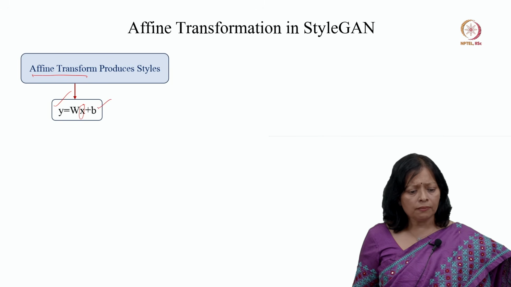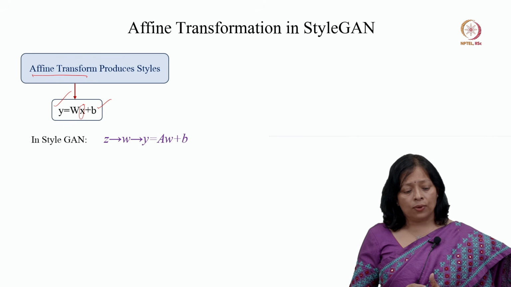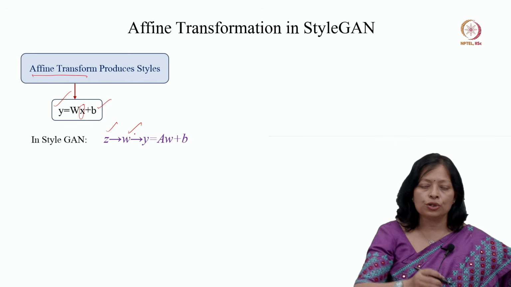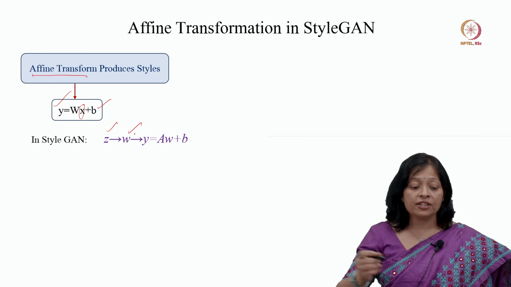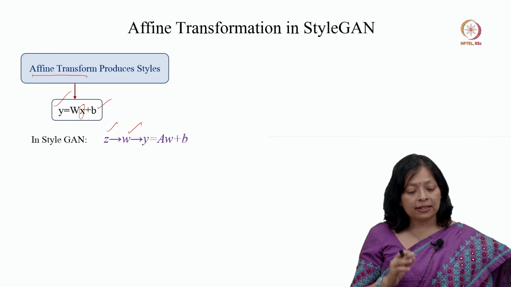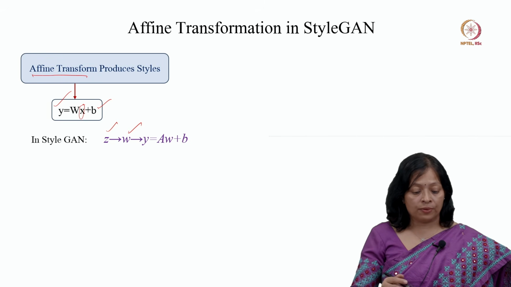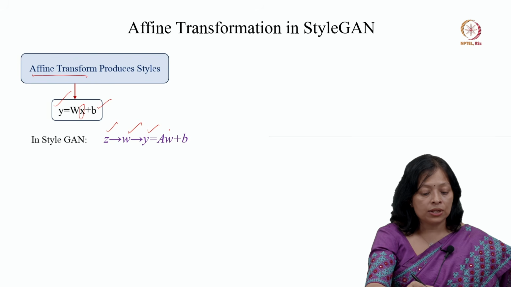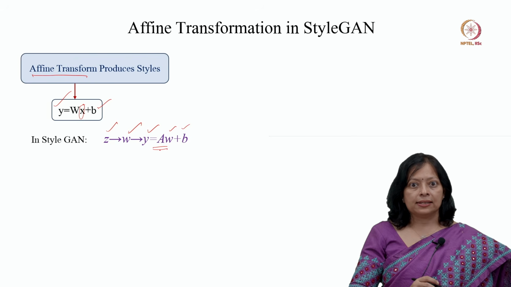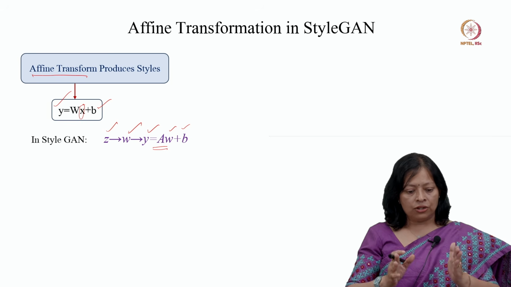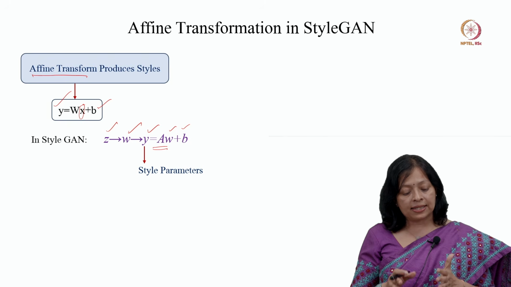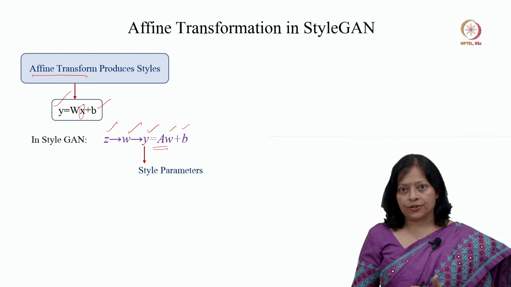Now, in StyleGAN, what happens? We know the latent space Z gets mapped to the latent space W, and then W goes through an affine transformation and we get y equals Aw plus b, which is again one matrix. The y we get is basically the style parameters.